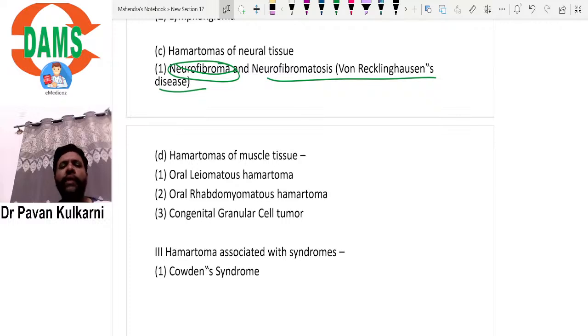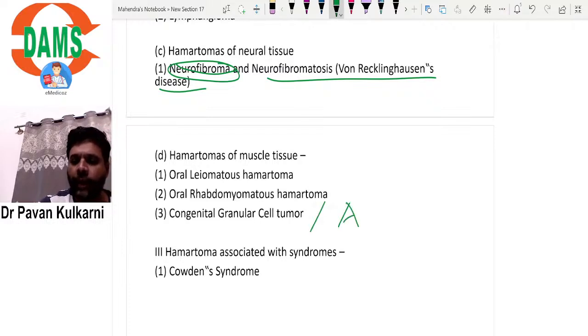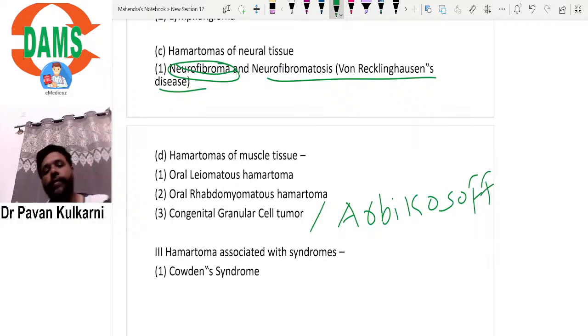Congenital granular cell tumor, which is also known as Abrikossoff tumor, is again basically a hamartoma. This usually occurs on the tongue.